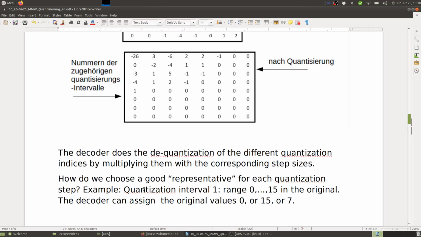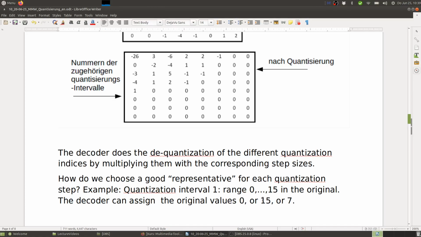So how do we choose a good representative for each quantization step? For instance, the quantization interval 1 has the range from 0 to 15 in the original. The decoder can assign the original values 0 or 15 or 7, right? We don't know where in this range the original was. So what we do is we choose a value within this range which on average creates the lowest error.